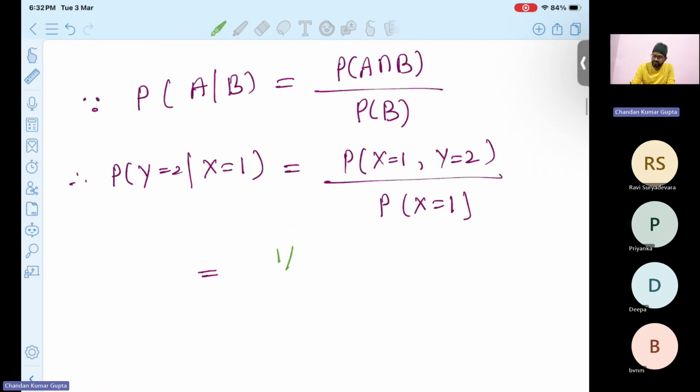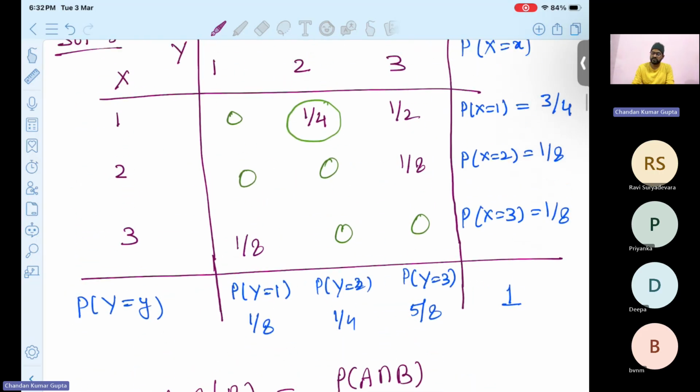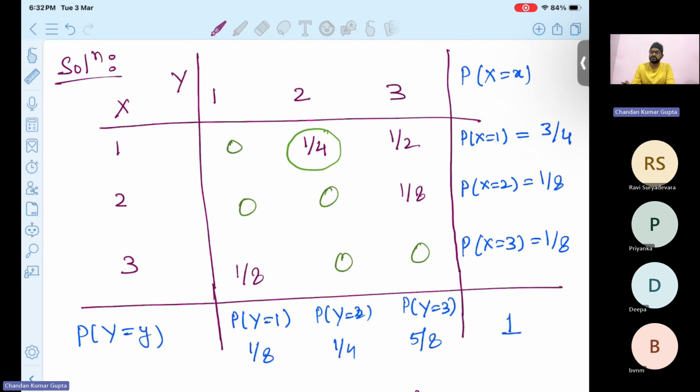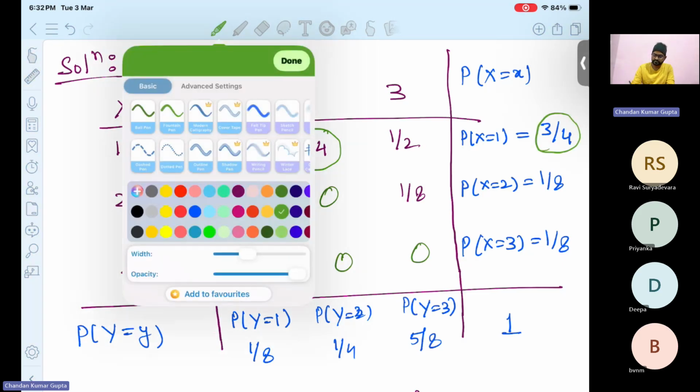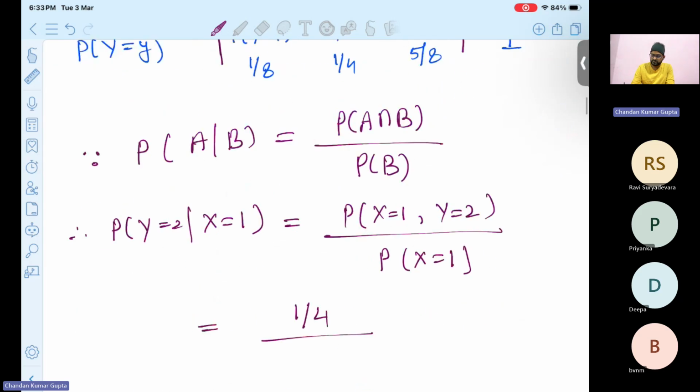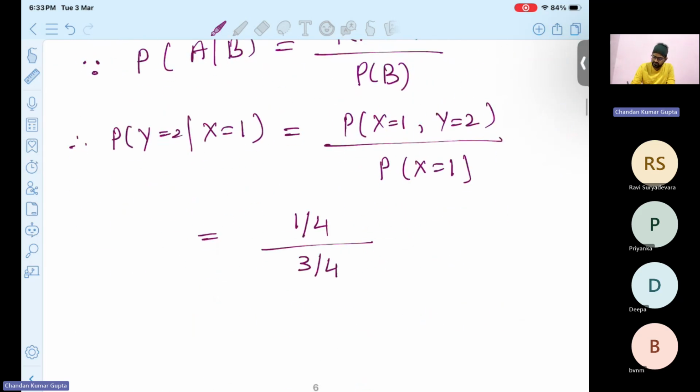Now for x equal to 1, we need the marginal probability at x equal to 1, which is 3 by 4.